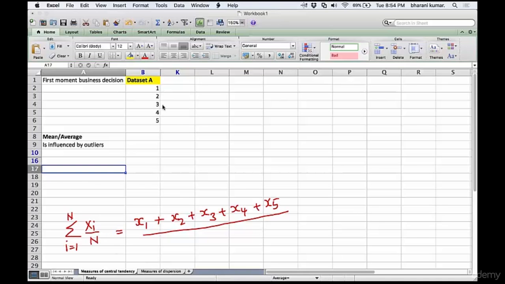Divided by n, n is the number of data points, you have 5 data points. So it's 1 plus 2 plus 3 plus 4 plus 5 divided by 5, which is 15 by 5, which is 3. This is how we need to calculate the average.